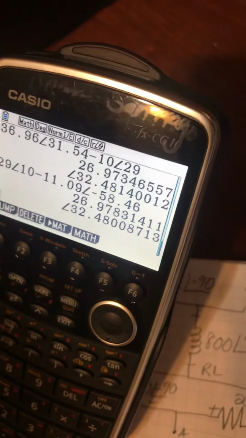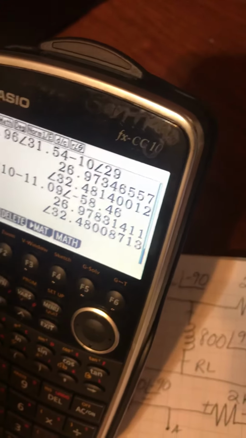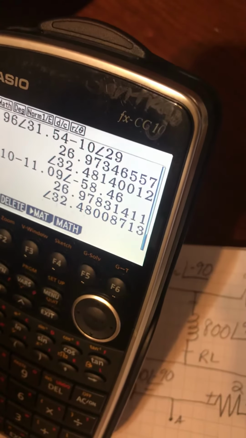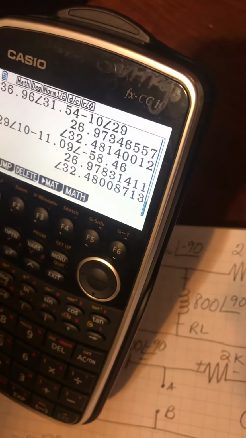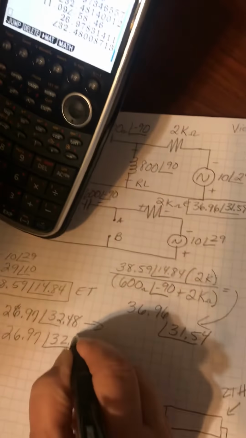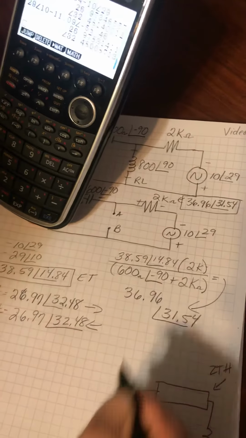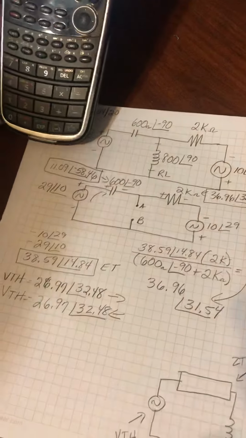And we get, lo and behold, the same thing. So VTH going this way is that. VTH going that way is 26.97 at an angle of 32.48. And that's going this way. So it should work out that way.